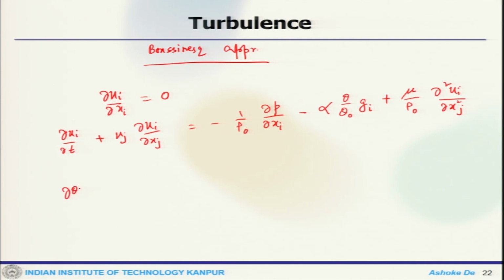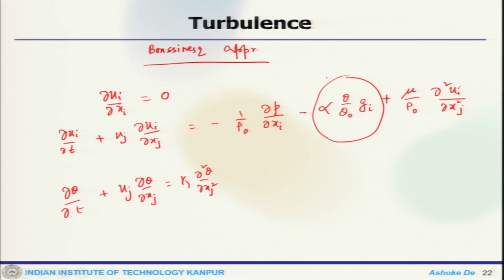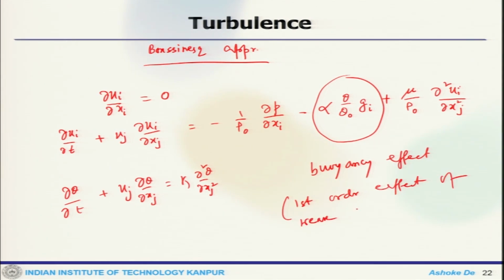And we get del theta by del t plus uj del theta by del xj equals kappa del 2 theta by del xj square. The term with the negative sign is the buoyancy effect.